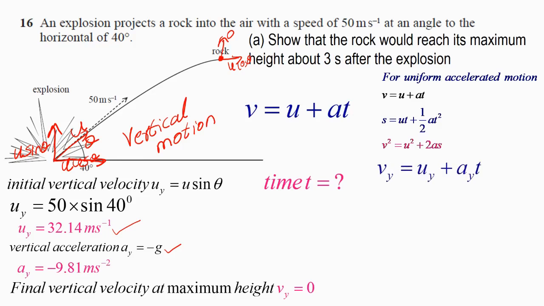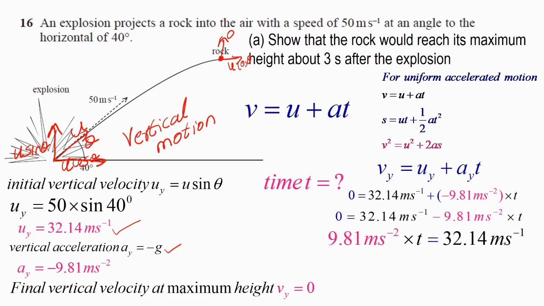So vy equals uy plus ay into t. Substituting vy equals 0, uy as 32.14, and the acceleration as minus 9.81, we get 0 equals 32.14 minus 9.81 into t.